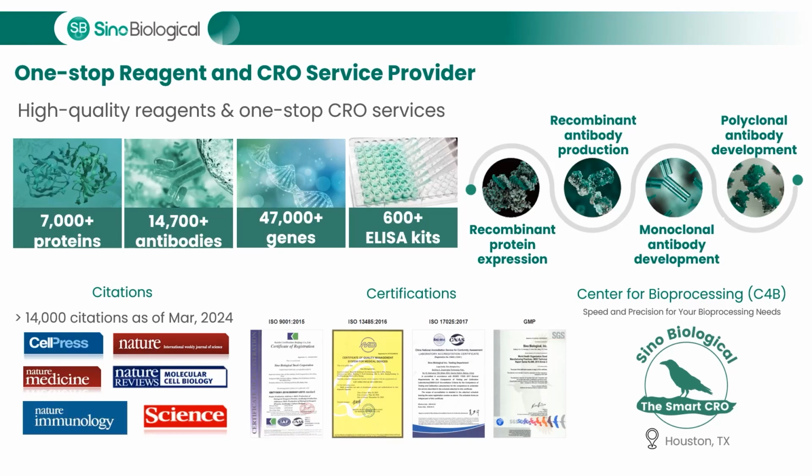From recombinant proteins to monoclonal antibodies, our high-quality products undergo rigorous testing and validation to ensure reliability and consistency. With our extensive portfolio, we aim to provide researchers with the necessary tools to advance scientific discovery and drive innovation in the field.